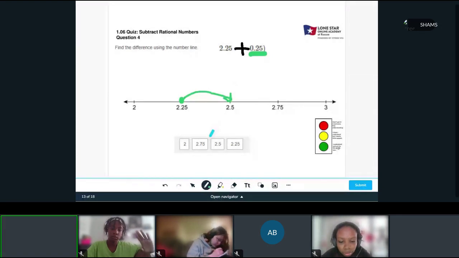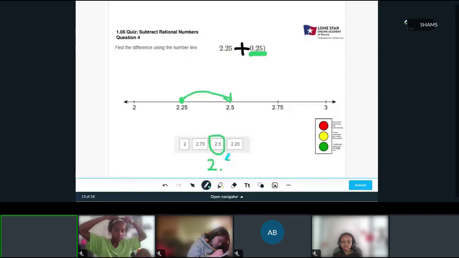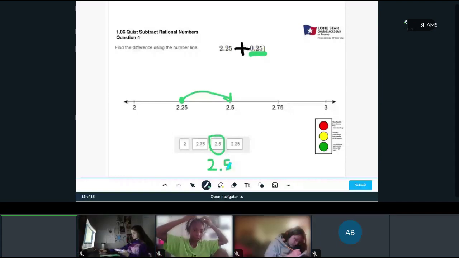The answer is definitely going to be 2.5. And remember, this 2.5 means 2.50. 2.50 and 2.5 are the same number, just that they didn't want to put a 0. Let's go ahead and move on.